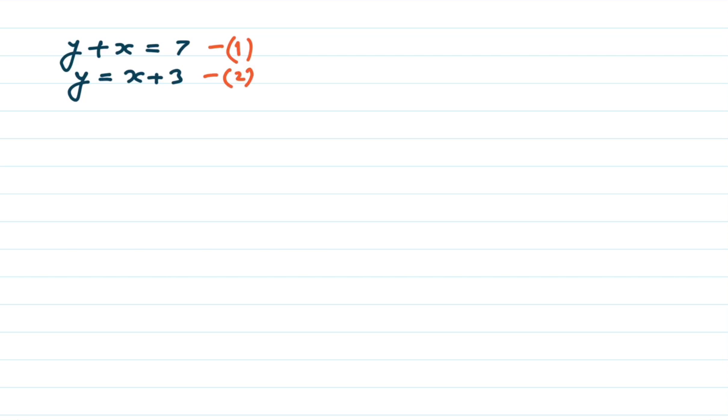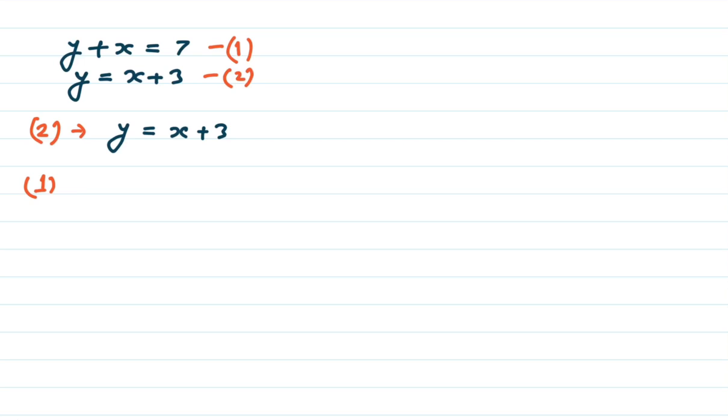First of all, I'll begin with the second equation. So my second equation is y equal to x plus 3. I'm going to put this value of y into the first equation.